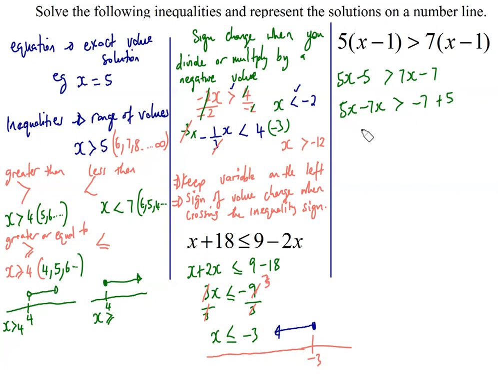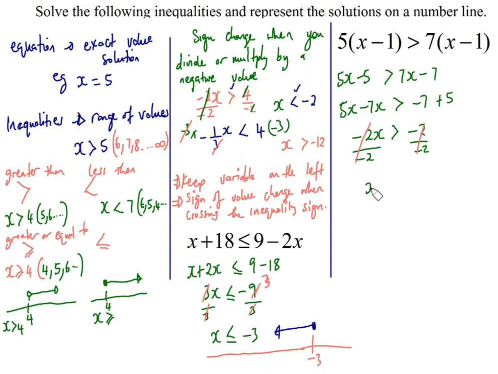So what you now have is negative 2x greater than negative 2. So here also you get a negative 2. Then you divide by negative 2 on both sides, and don't forget what we spoke about here.